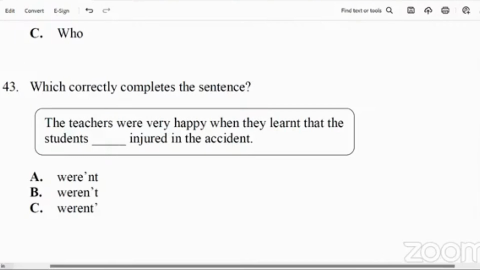So where do we put that apostrophe? You put it where the missing letter is. So in this case, it would be between the N and the T because the O is missing. Some people might be tempted to put it where the two words should be separated, but it's actually where the missing letter goes. And so the correct answer is B, weren't.